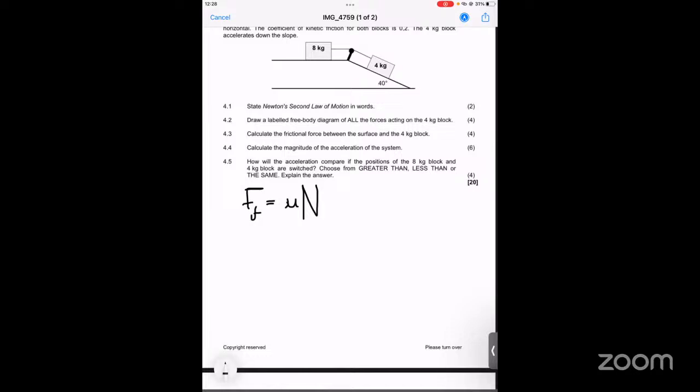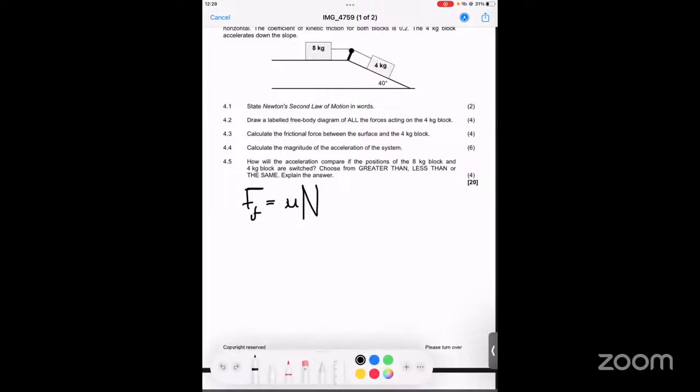Do you not remember this as the formula for the frictional force? Yes, it is. So now it therefore means it is equal to mu times the normal force. We know that a normal force is equal to the force of gravity, but for now, let me just leave it at that.